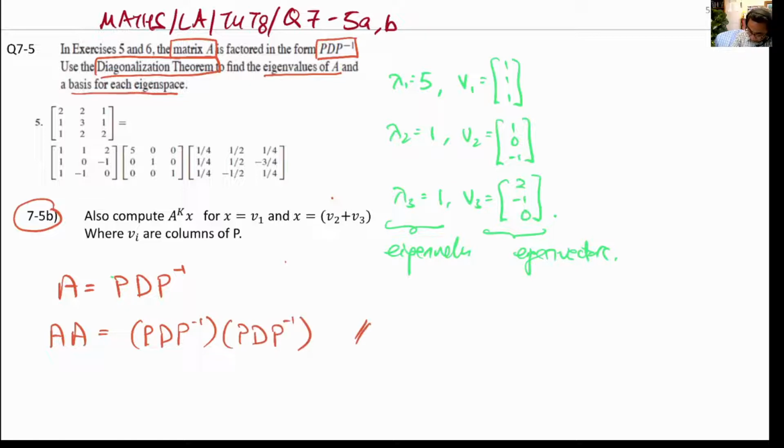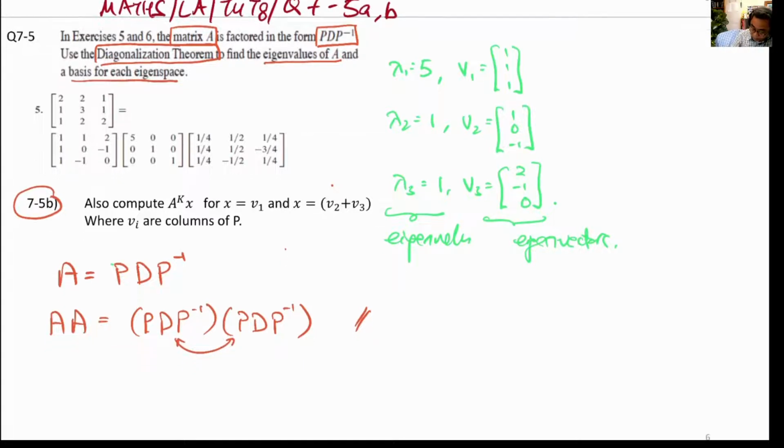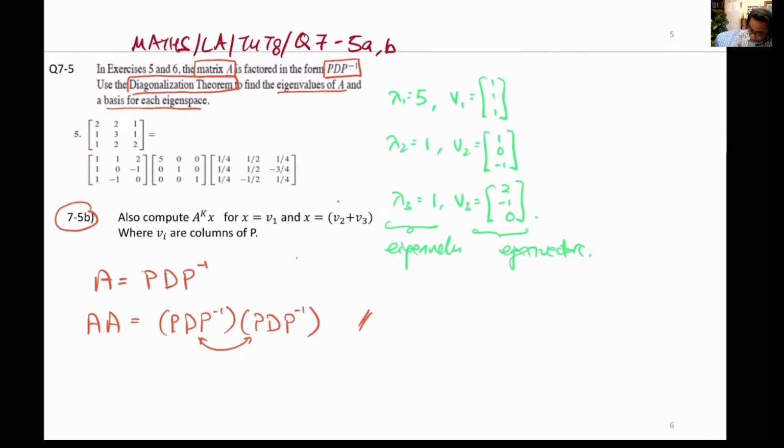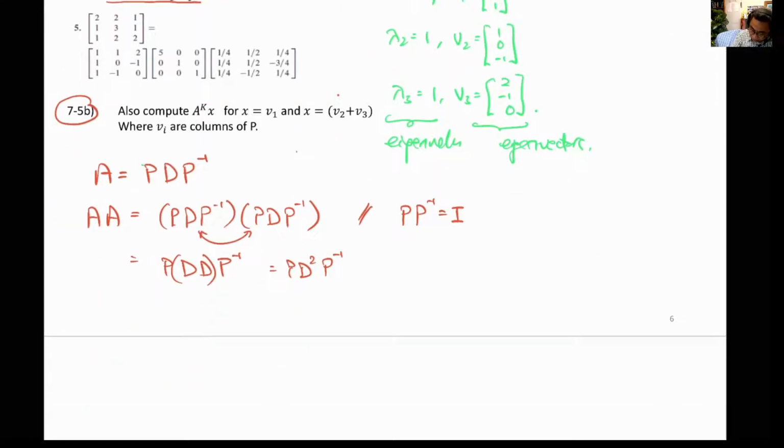Remember that we can open up the brackets because matrix products are associative. So P minus 1 times P equals identity. We are reduced to PDDP minus 1. D times D can be written as PD squared P minus 1, and therefore we can now generalize A to the power k to be equal to PD^kP minus 1.